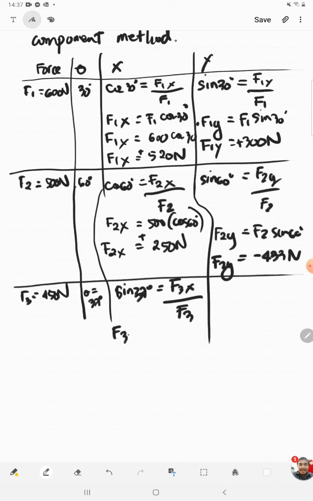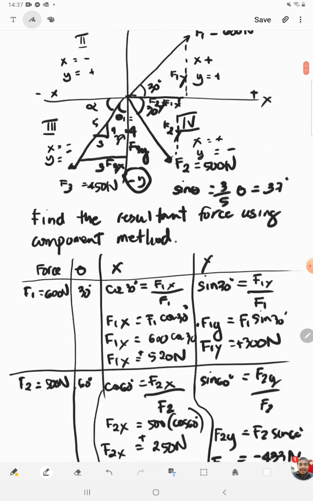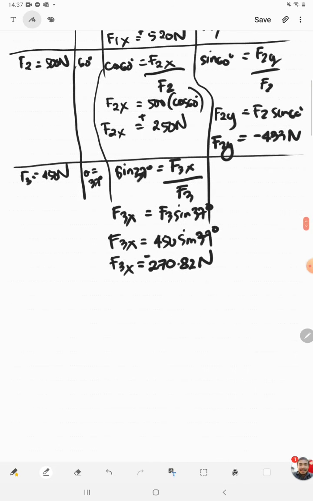Therefore F3x is F3 sine of 37 degrees, which is 450 times sine of 37. So we get 270.82 newtons. And you will see that F3x is negative, so we put the negative sign here.